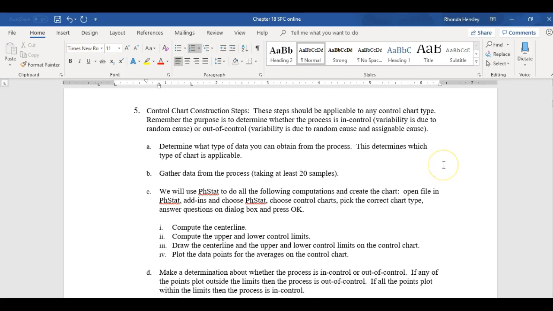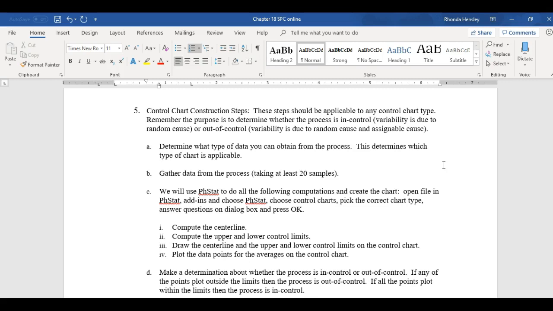So the first thing to do is to figure out what kind of data you obtain from your process, because this determines what kind of chart you can use. So if I happen to like XBAR and R charts, but what I have is an assembly line, and I have an inspector at the end, and we're sewing children's sleepwear, and all the inspector can do at the end is to look at it and say, it looks good, it passes, or I see defects, so it doesn't pass.